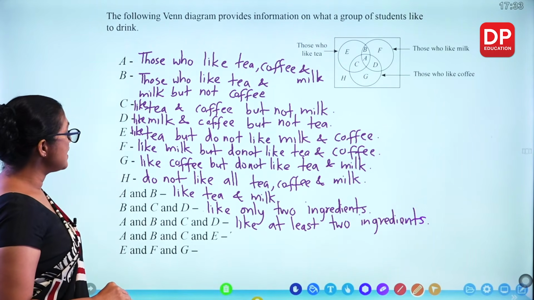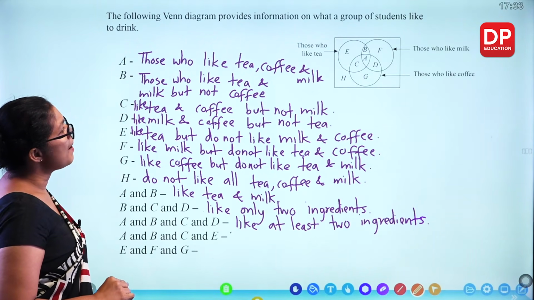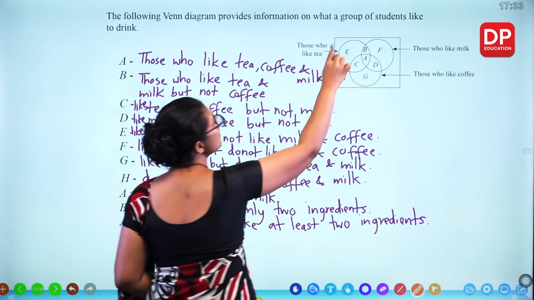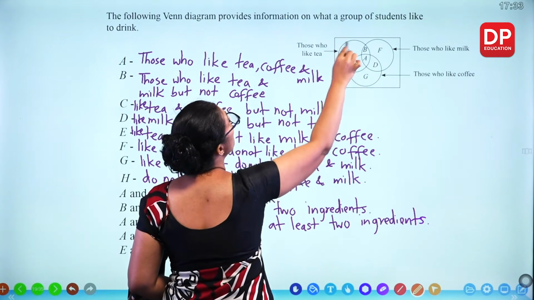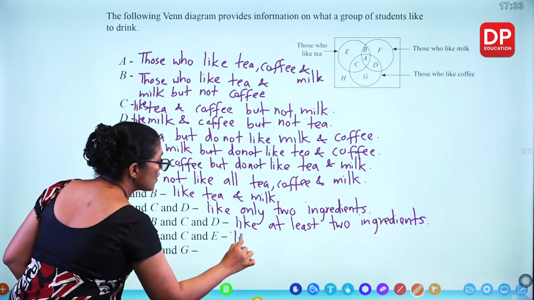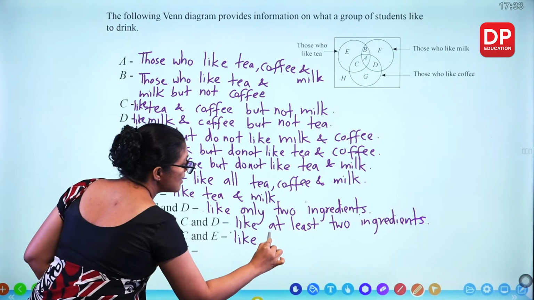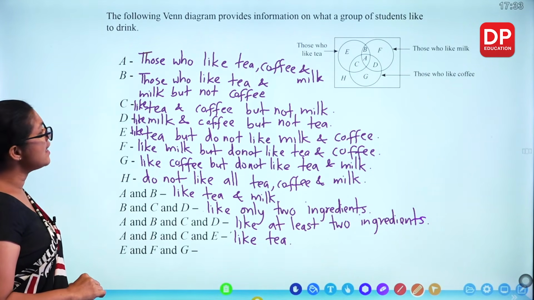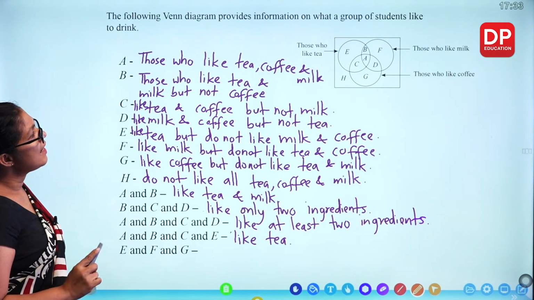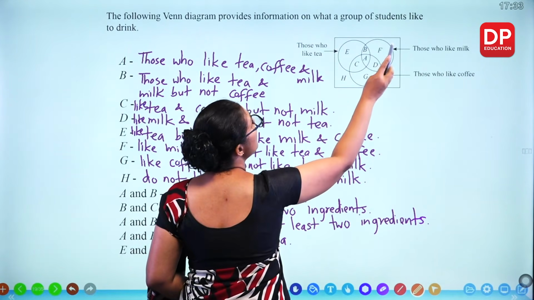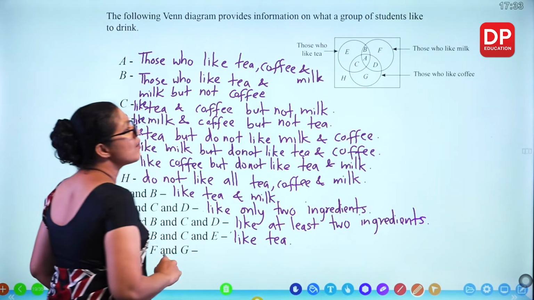A and B and C and E. So what's that? Those who like tea. Then E and F and G. This is only tea, only milk and only coffee.